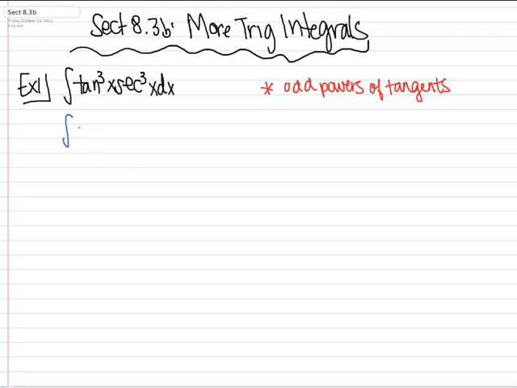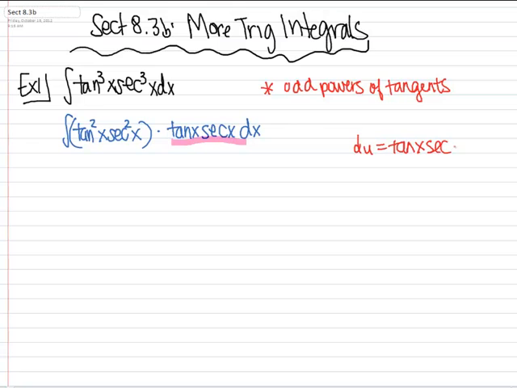In this case, we'll leave ourselves with a tangent squared, secant squared x, and have out here on the side a tangent x, secant x dx. Now this tangent x, secant x is going to be our du. So if du equals tangent x, secant x, what do you think u is going to equal? Well, that's going to be secant x.